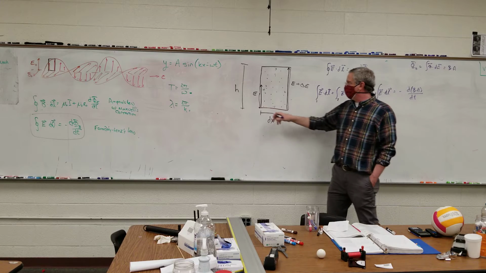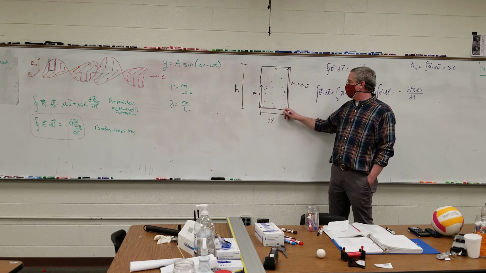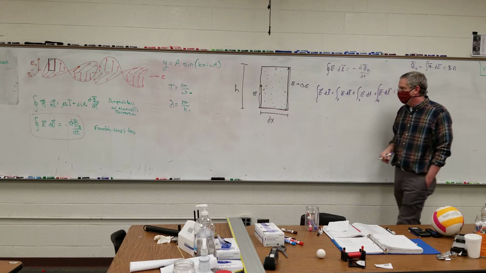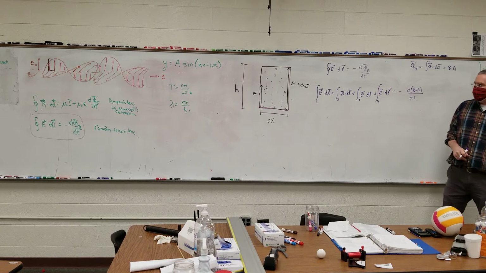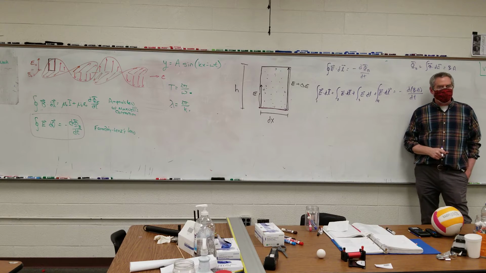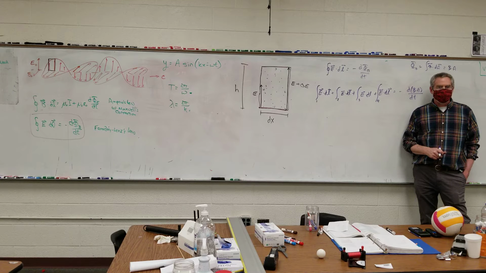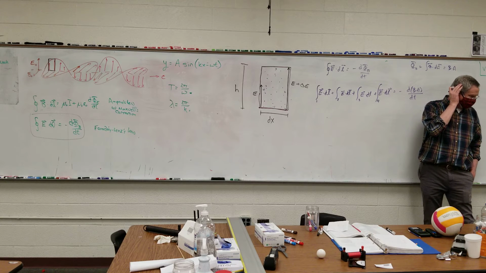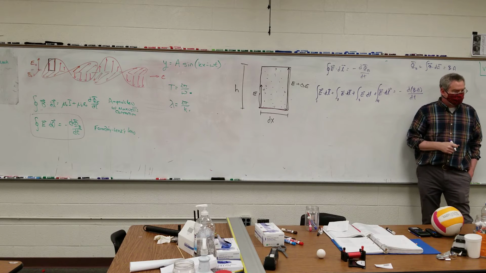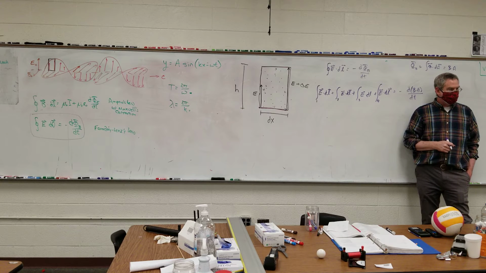All right, so along this path 1, that's this down here, moving in this direction, moving to the right. What is E dot dl along path number 1? Say it again. dl becomes dx, and E becomes E plus E changing.